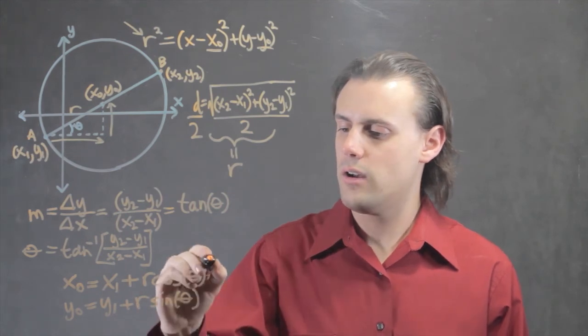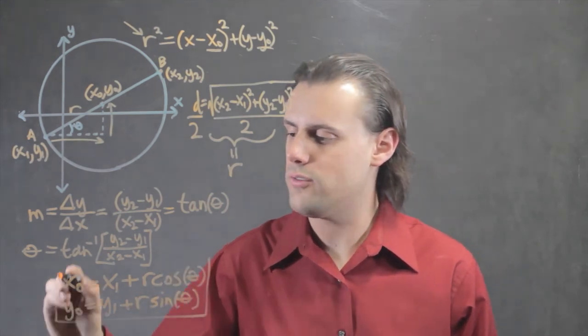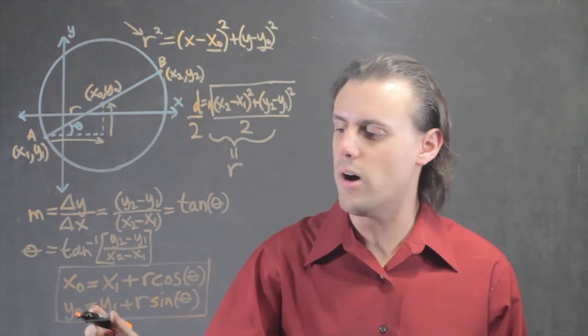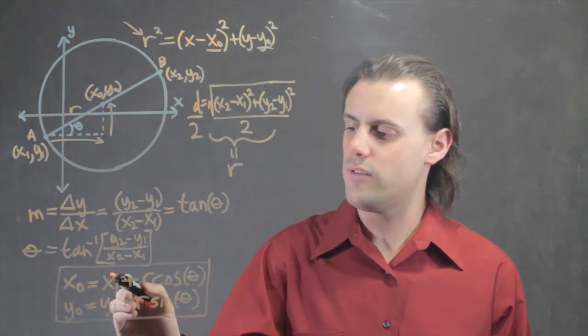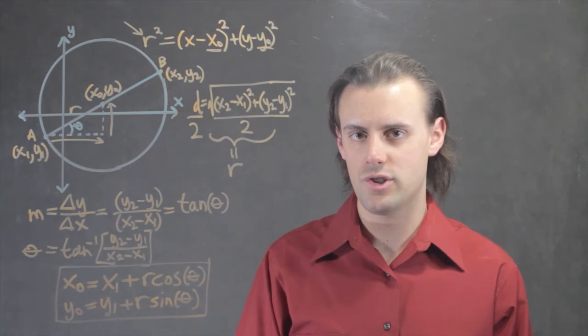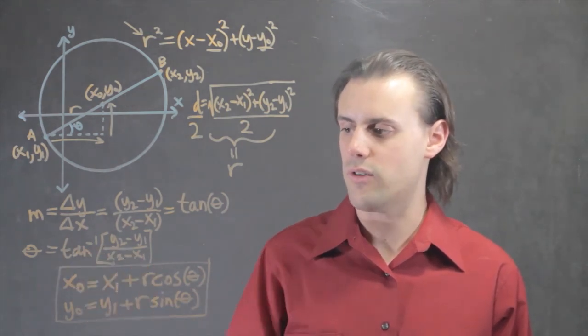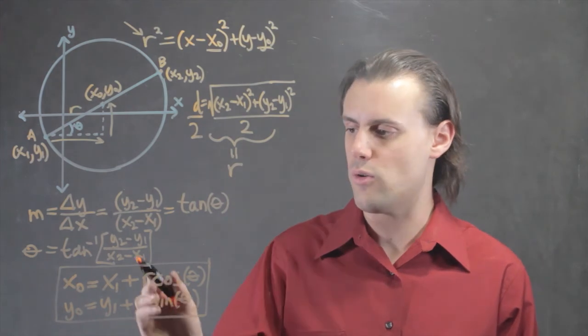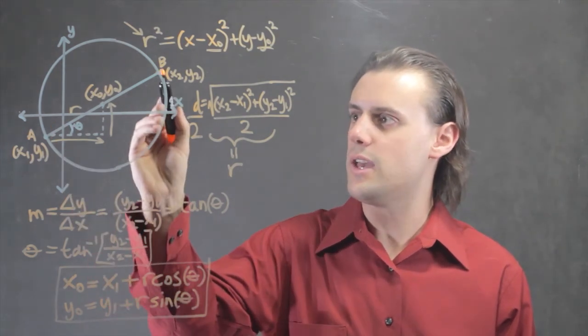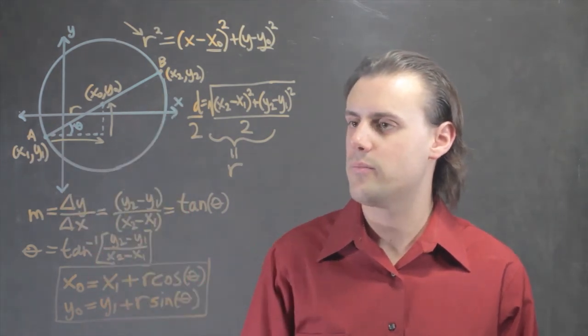So now I have derived an expression for x naught and y naught in terms of information that was initially given to me, and theta, which was also derived from the initial data, the coordinate points that define the endpoints of this diameter.